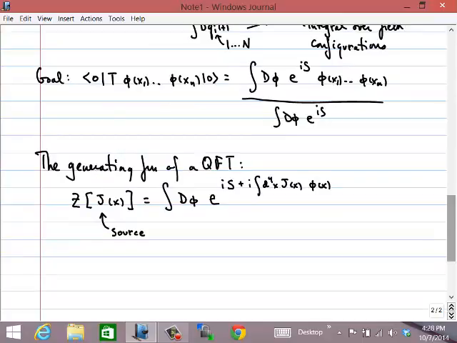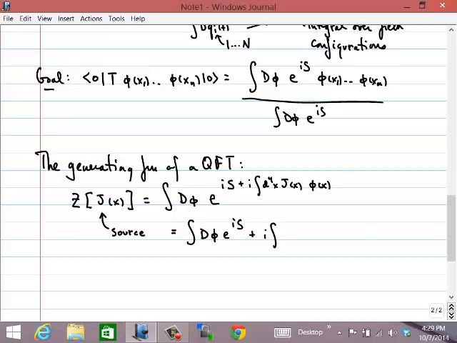And why is this thing useful? Well, this thing is useful because if you imagine expanding order by order in J of x, then its expansion includes all of the time-ordered correlation functions that we're interested in computing. So in particular, the leading term at order J to the 0 is just the vacuum expectation value with no insertions.